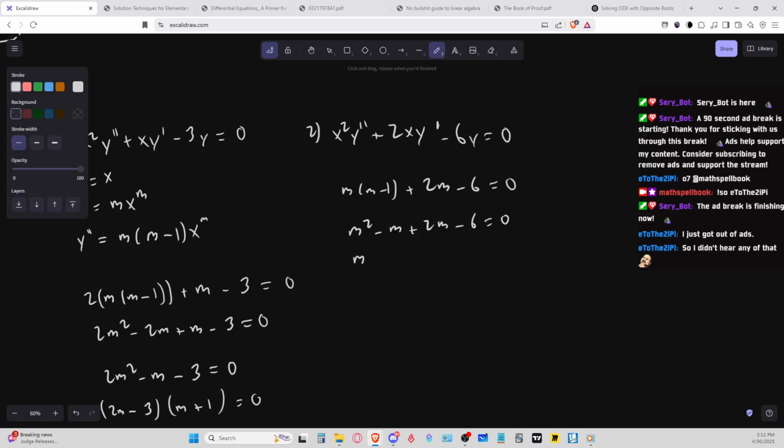We're still not done yet. Then that's plus m minus 6, meaning that we're going to have m, so 3 minus 2 equals, and then m is equal to positive 2, and m is equal to negative 3.